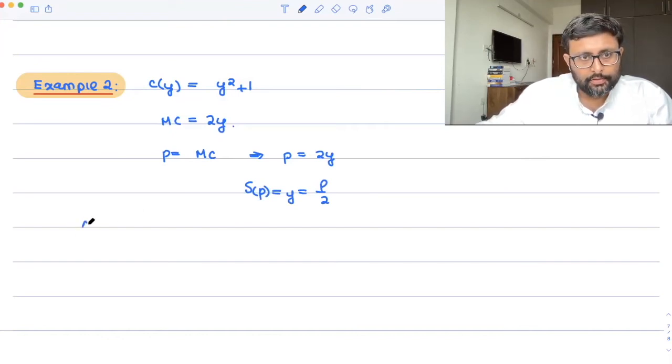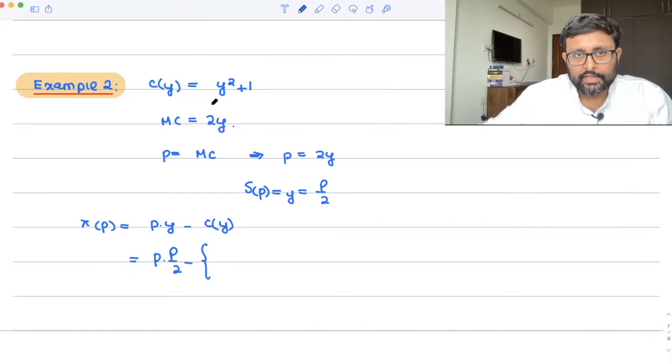What are your profits? Revenue, P into y, minus C as a function of y. In place of y, beta, we can write P by 2. In place of C as a function of y, so in place of y, I'm writing again P by 2.